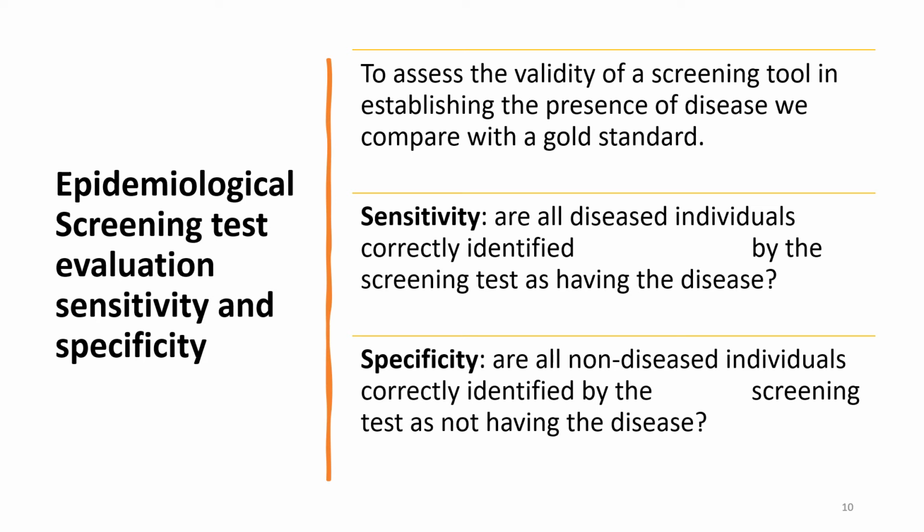Now, sensitivity. How sensitive is the test apparatus that you are using? How sensitive is the index in measuring the disease you want it to measure? And how specific can that apparatus be in identifying the people that do not have that disease?